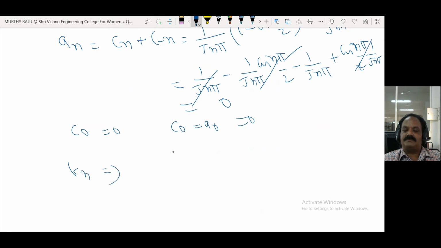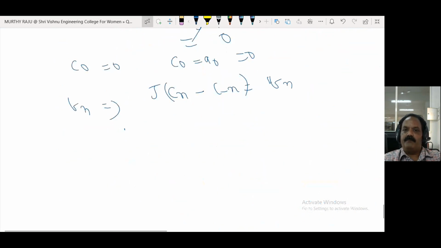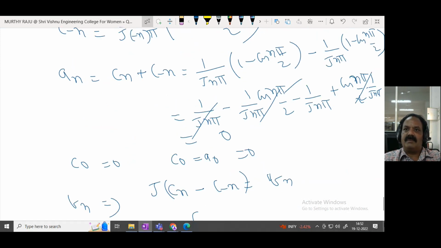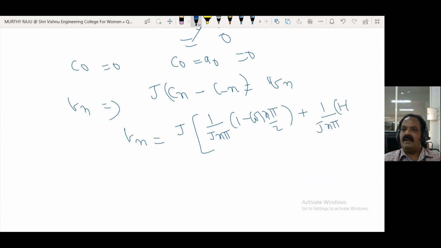The Bn relation is Cn minus C minus n into j is equal to Bn. Bn is equal to j into Cn, whose value is 1 by j n pi into 1 minus cos n pi by 2, minus minus 1 by j n pi into 1 minus cos n pi by 2, which is plus.